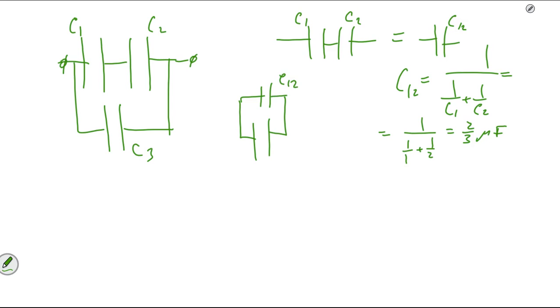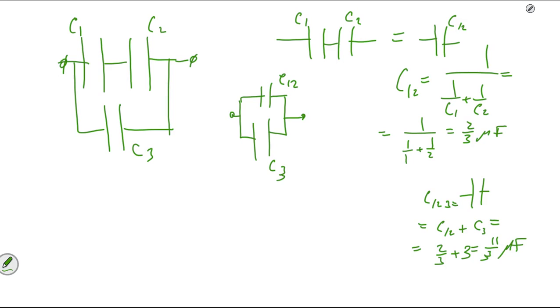And now, only now, we can replace these two capacitors with this one and connect it to the capacitor number 3, C12, C3, same voltage. So, as I said, C123, the single capacitor that replaces these capacitors, should be equal to C12 plus C3, and that is 2/3 plus 3 microfarads, and that is 3 times 3, 9, 9 plus 2, 11/3 microfarads.